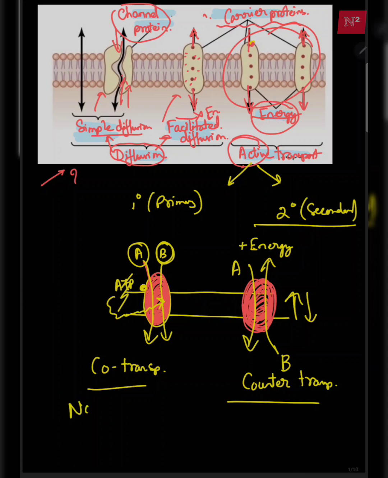co-transport is the sodium glucose co-transporters that are present in the GIT.